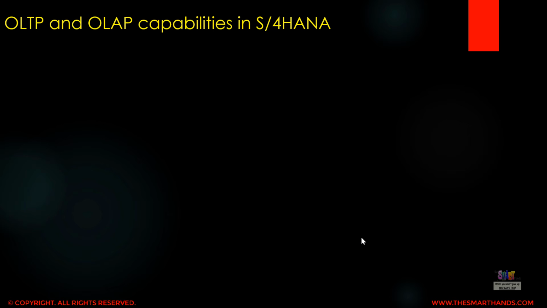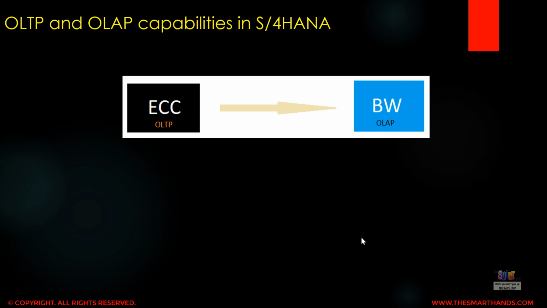OLTP and OLAP capabilities in S4 HANA. Now, what is OLTP and what is OLAP? OLTP stands for Online Transaction Processing, which is our ECC system where all the transactions are happening online in real time. Whereas BW is our OLAP system. OLAP stands for Online Analytical Processing, which is basically used for reporting purposes, the BW system.